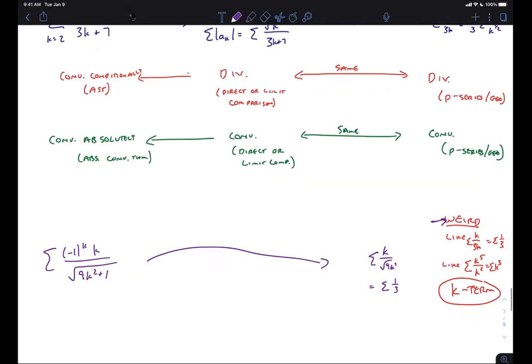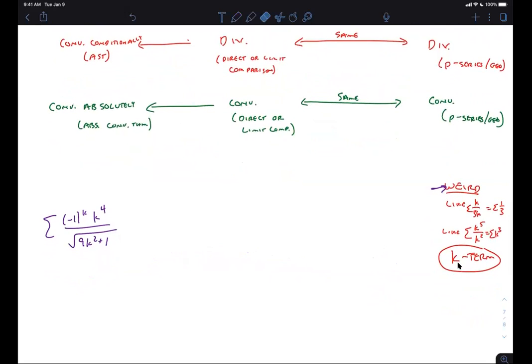On how do we use the k-term test on k to the 3rd? Not sure what you mean. Oh, this. So if you had this, then it would be a weird type where you'd get k to the 3rd. So the k-term test question would say, okay, by the time I got over here, I'd be getting this, k to the 3rd.